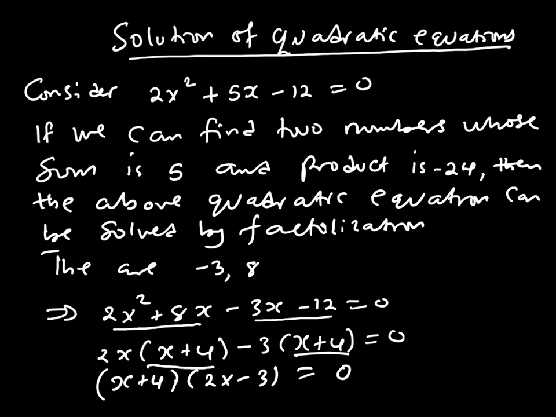From here you go ahead and find the roots, because these are now factors. If you solve, you end up with x equal to minus 4 and x equal to 3 over 2. By equating each bracket to 0 and making x the subject, you end up with those two values, and therefore these are the roots of the quadratic equation.